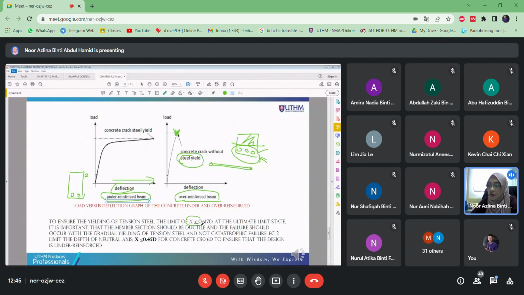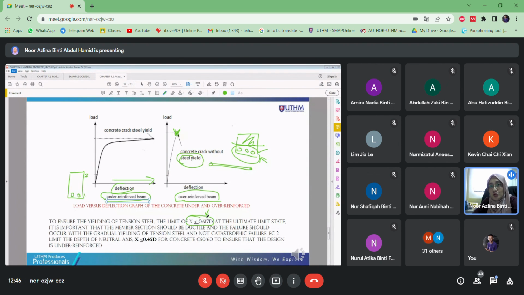Based on the design, based on the strength of concrete and the strength of the steel, we have these limitations, right? Which is X is equal to or less than 0.617D here, according to the balance and also under reinforced.